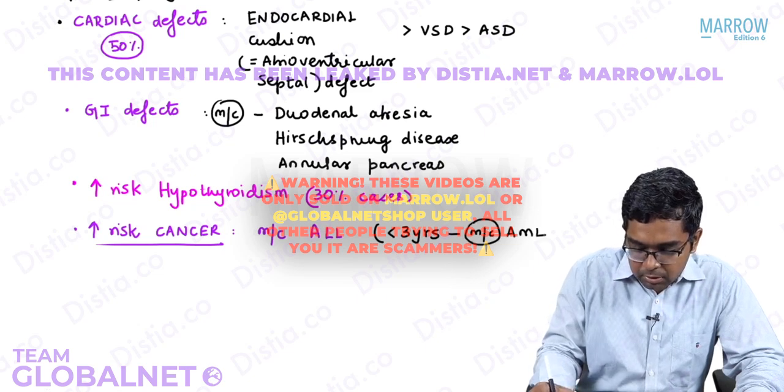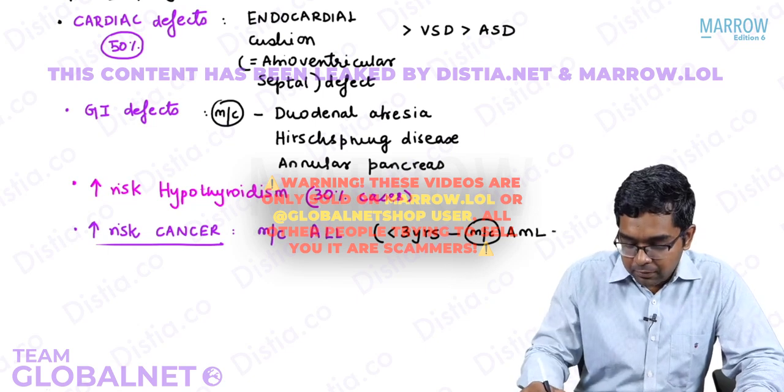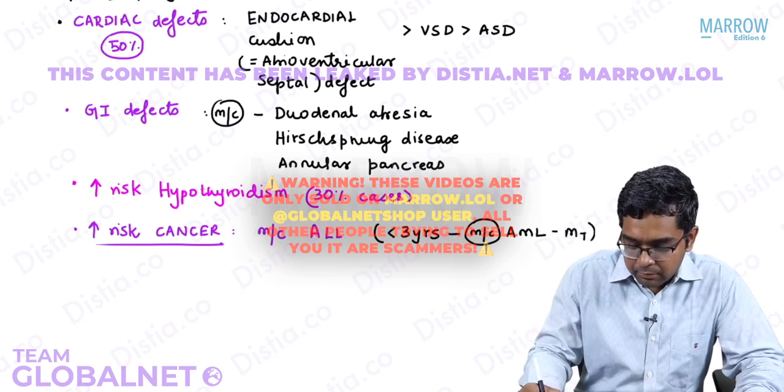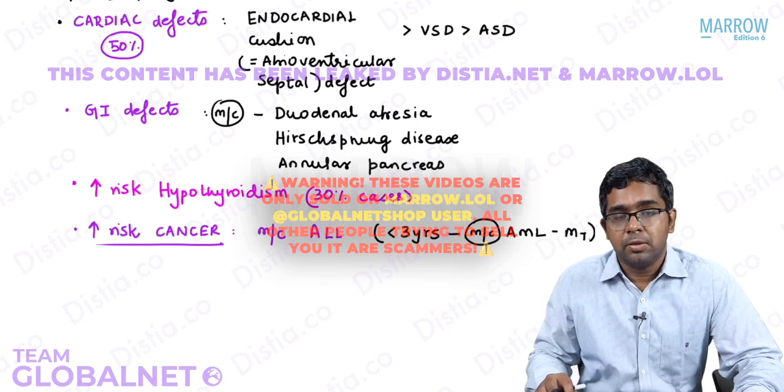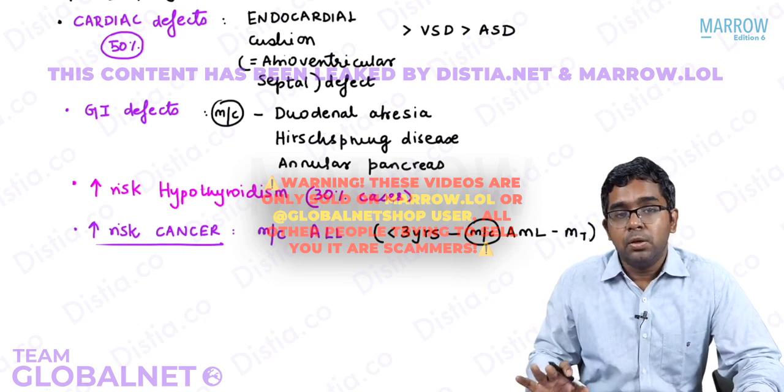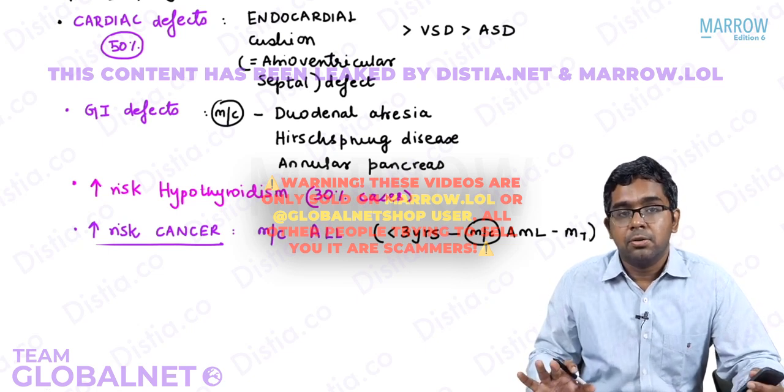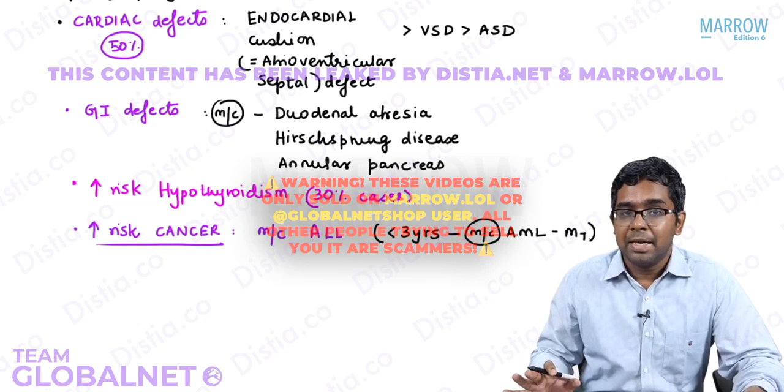What is that? Acute myeloid leukemia. And which variety? It is the M7 variety, which is megakaryocytic leukemia. So please remember that only in children less than 3 years, AML M7 is very common. But across all age groups, the overall most common leukemia is ALL only.